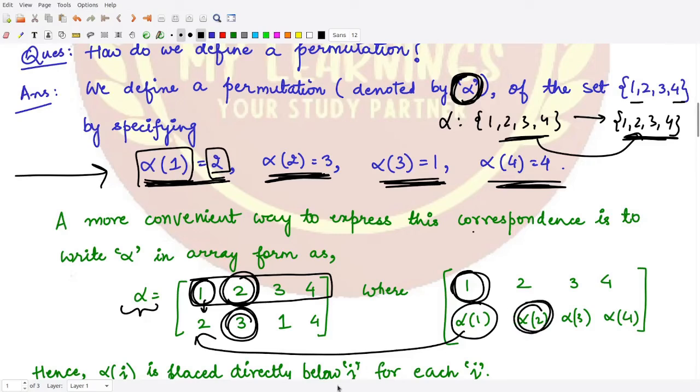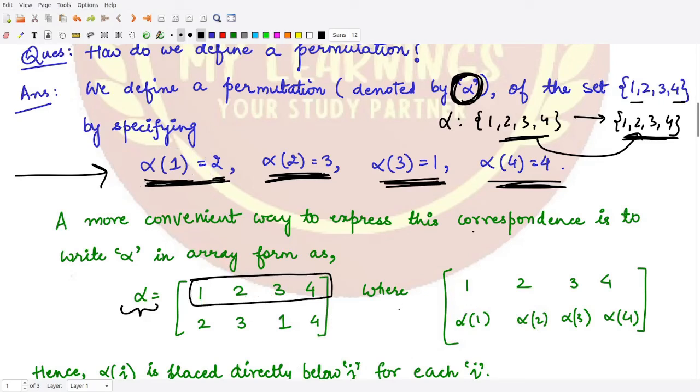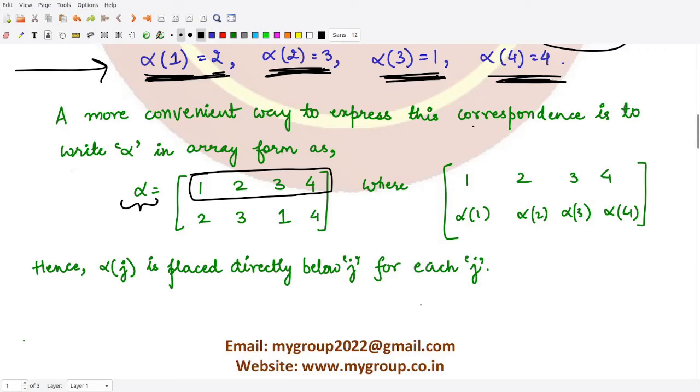For 3, alpha of 3 is equal to 1. And for 4, alpha of 4 is equal to 4. So this is how we define the permutation and write it in array form. Here each alpha of j is placed directly below j, for each j.